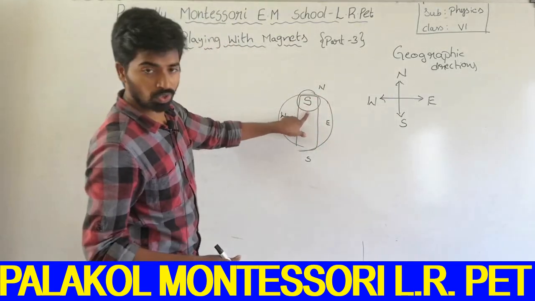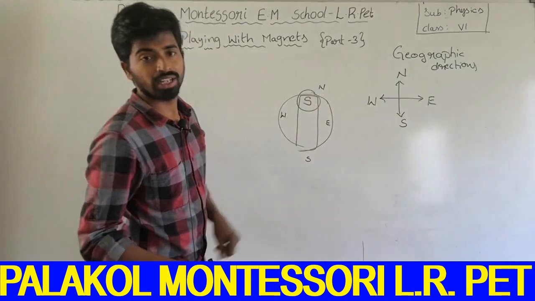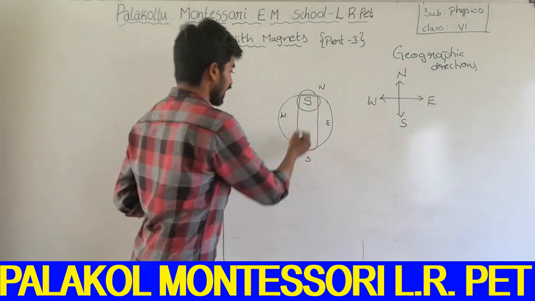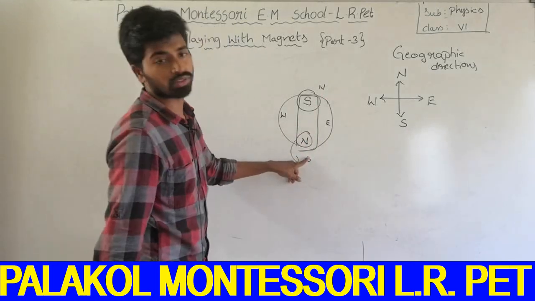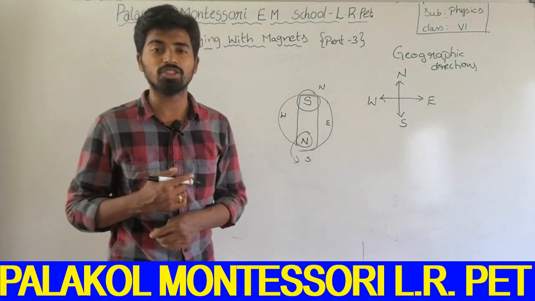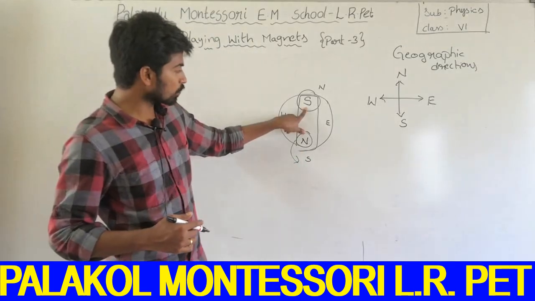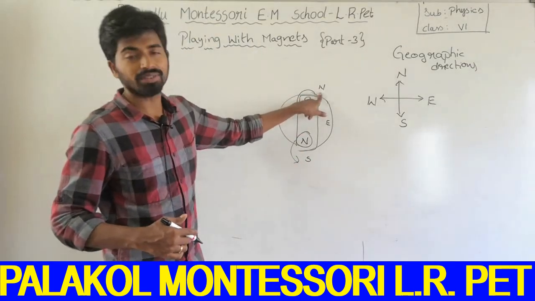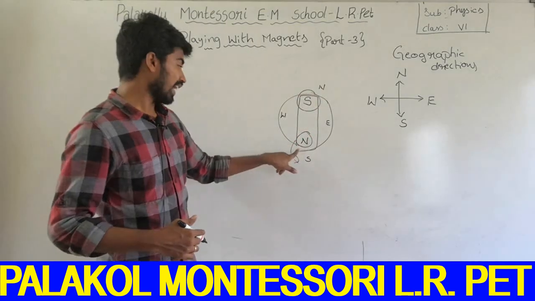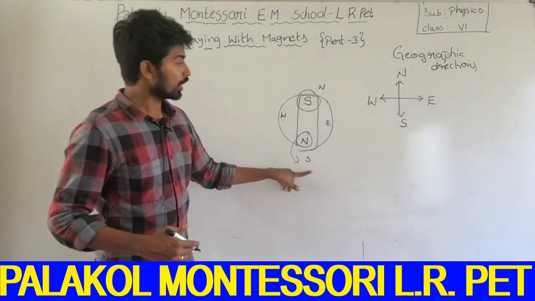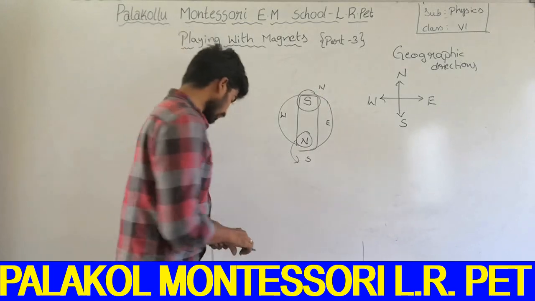Earth's magnetic south pole will be towards the geographic north direction. Earth's magnetic north pole is towards geographic south. So, Earth's magnetic south pole is near to the geographic north pole, and Earth's magnetic north pole is near to the geographic south pole.